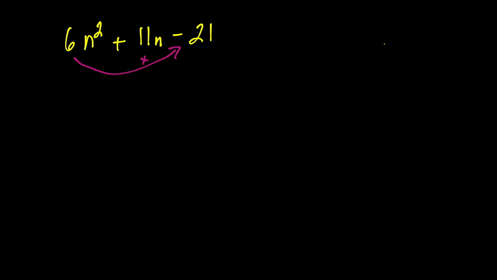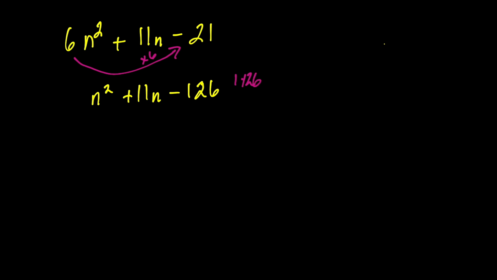So multiplying by 6 changes this to something that I'm going to be working with. 11n minus... Oh boy, sometimes these become harder than they needed to be. But just because we're working these problems out, we'll go ahead and come up with the factors of 126.